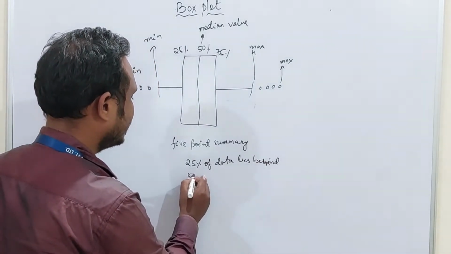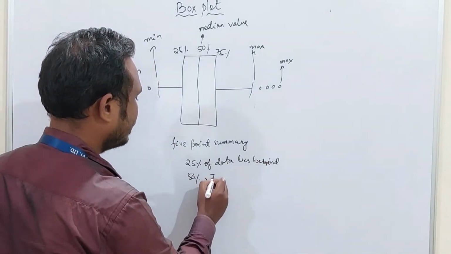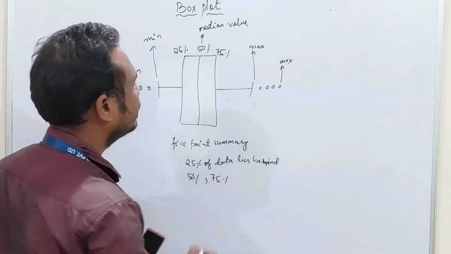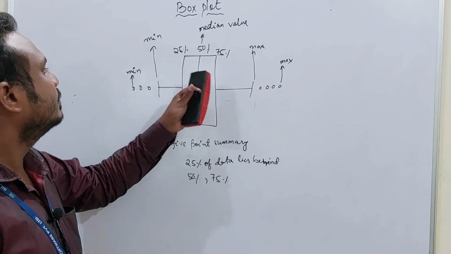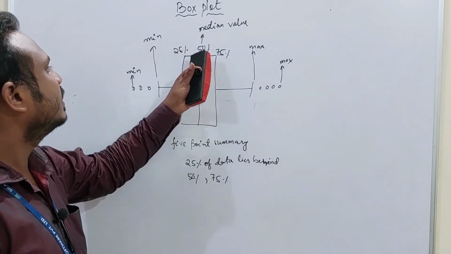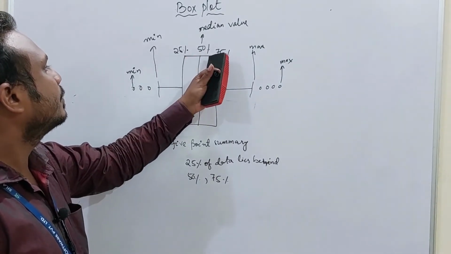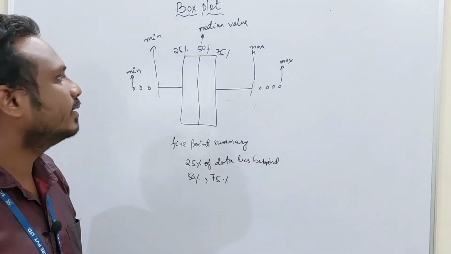Similarly for 50 percentile and 75 percentile: 50 percentile of the data lies behind this, and 75 percentile of the data lies behind this.